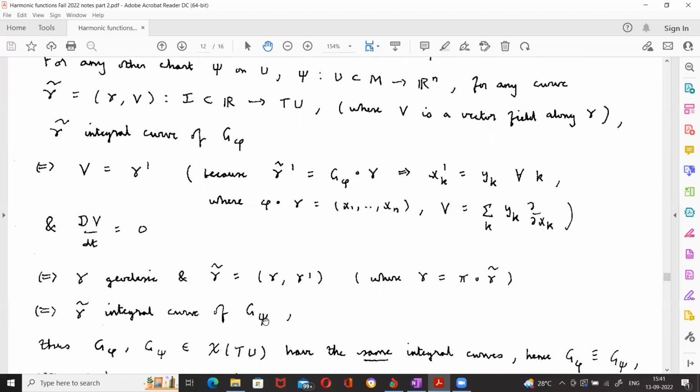So what do we get? Finally, we get that gamma tilde is independent of chart. Gamma tilde is just a curve in the tangent bundle.